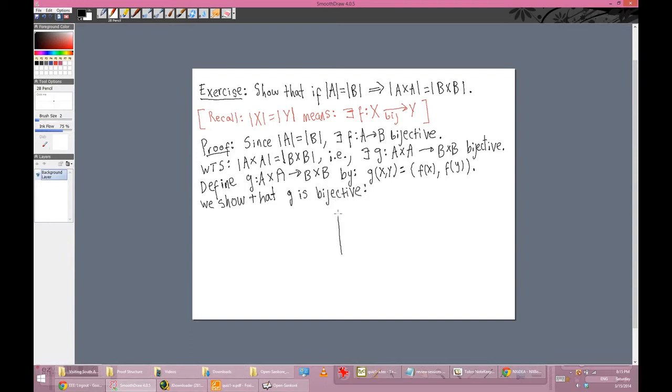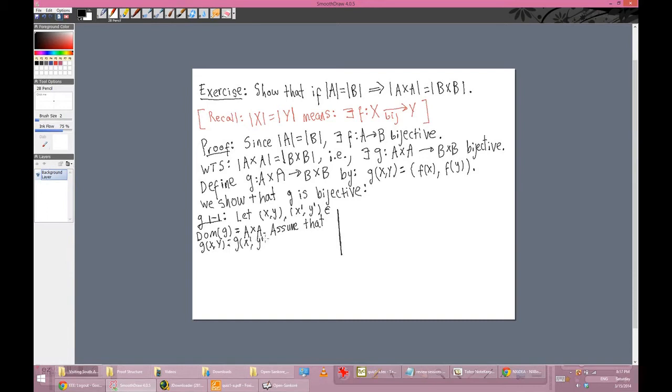Now let's show that G is bijective. To show that a function is bijective, one shows that it's one-to-one, and then that it's onto. Let's do one-to-one first. So we need to take two elements in the domain of the function. Let's call these elements (x, y) and (x', y'), so they are ordered pairs. And then let's assume that G of these inputs equals the same output.